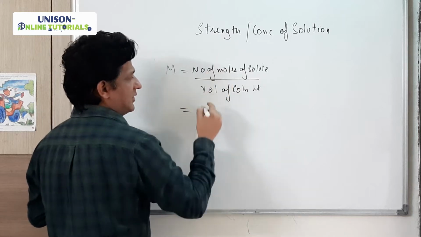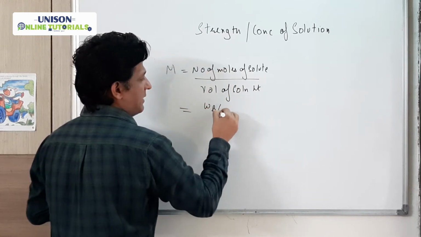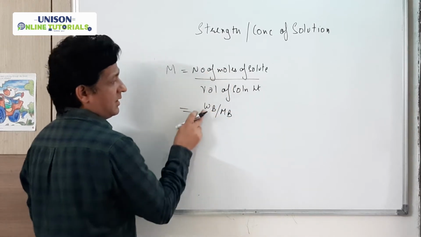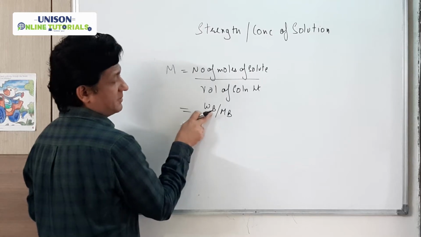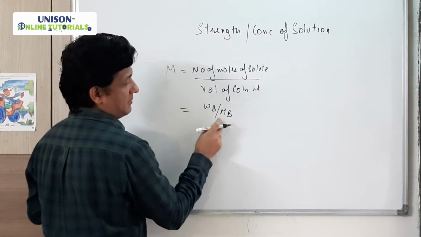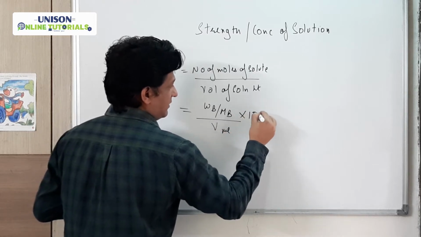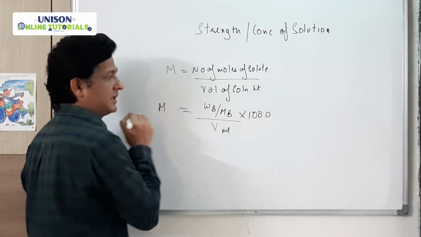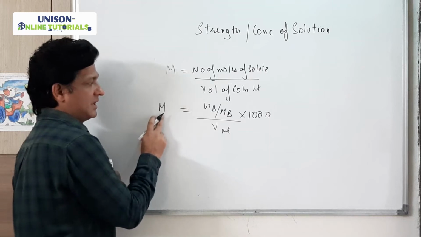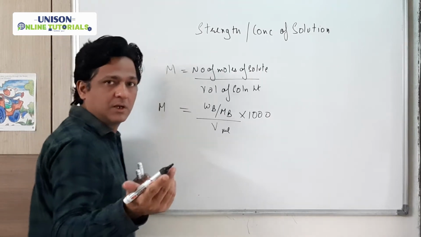Number of moles of solute is Wb by Mb. Always remember, weight of solute is expressed by B, weight by molar mass, upon volume; if volume is in ml then into 1000. This is your formula for molarity, by capital M. Units are mole per liter.